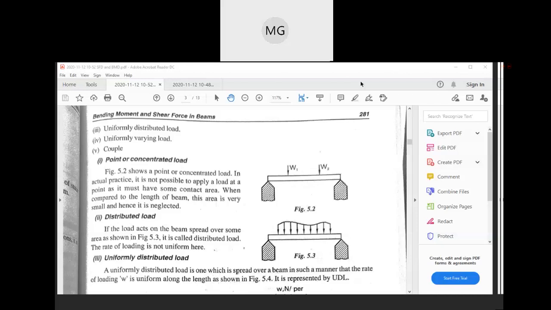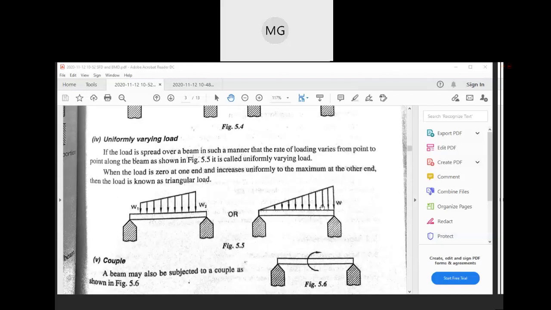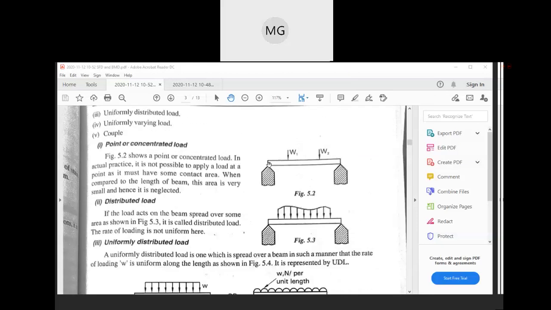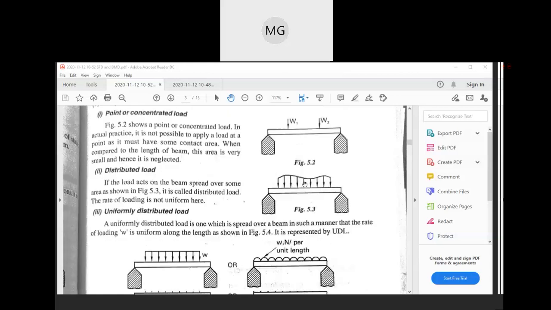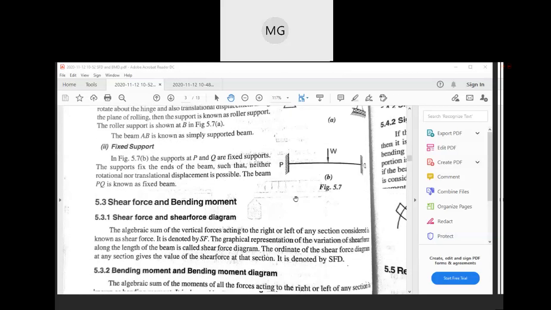Similarly here, when you apply a load, it will bend, and the magnitude will be different. So the sum of all bending moments is called the bending moment diagram.